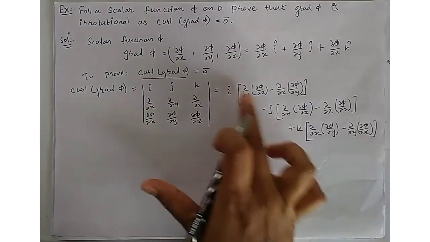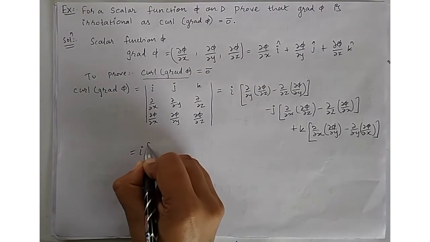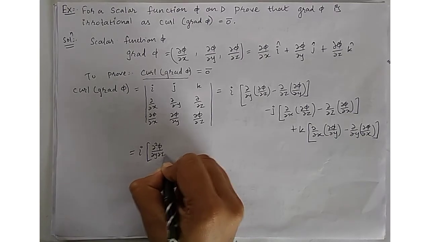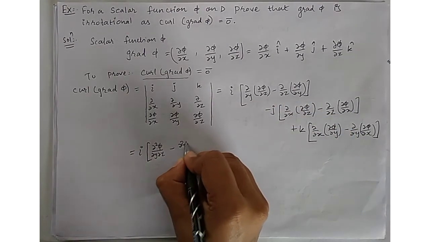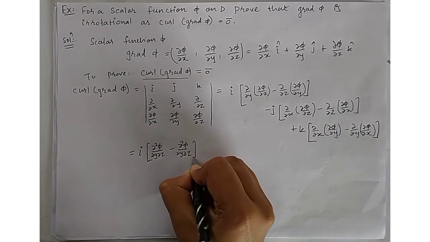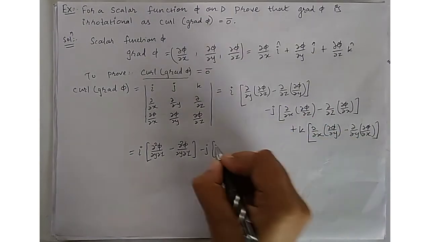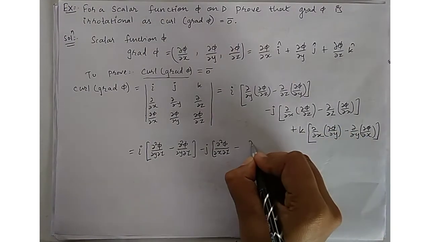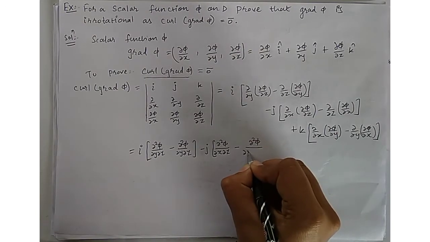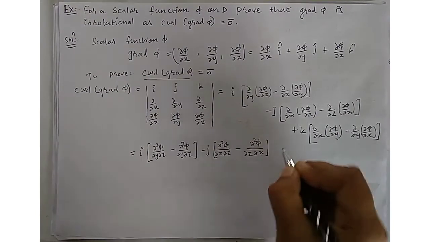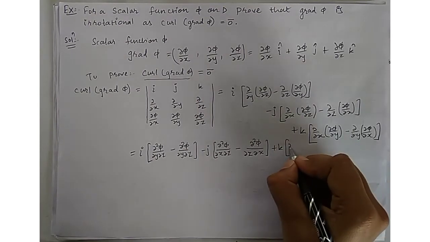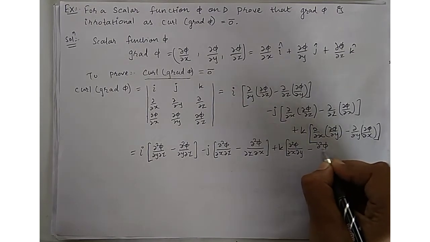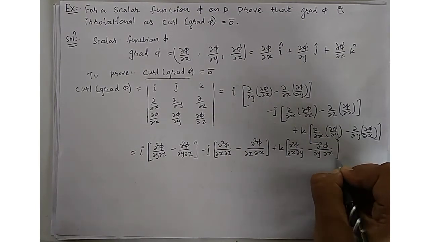Now simplify these three terms. We get i of del square phi by del y del z minus del square phi by del y del z, minus j of del square phi by del x del z minus del square phi by del z del x, and plus k of del square phi by del x del y minus del square phi by del y del x.